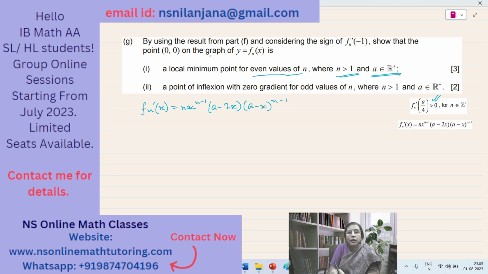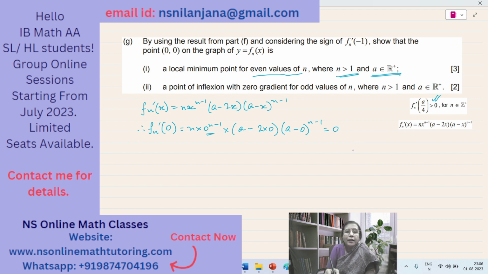So first of all, let us find what is Fn dash of 0. N times 0 to the power of n minus 1. 0 to the power of n minus 1 means the whole expression is 0, because we are having 0 to the power of n minus 1, so it is equal to 0.